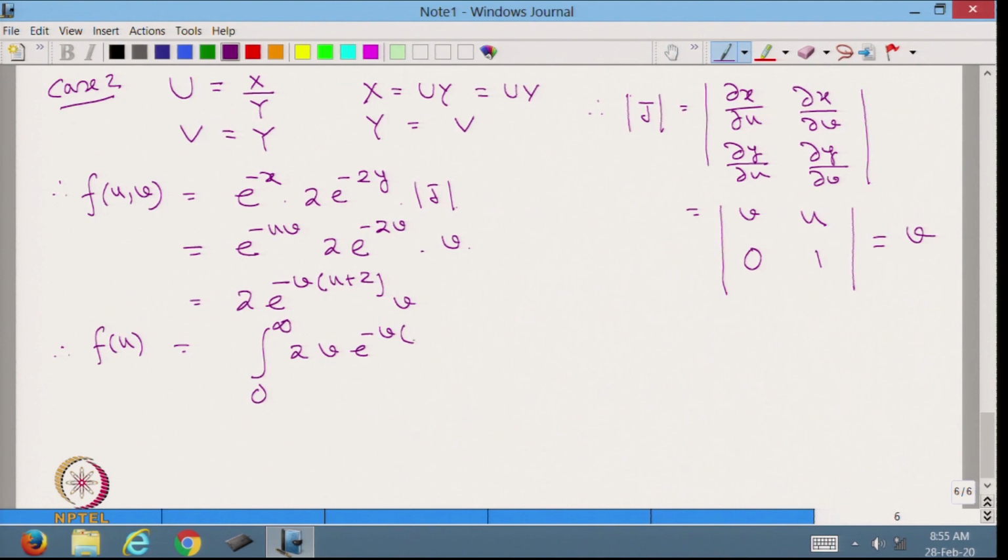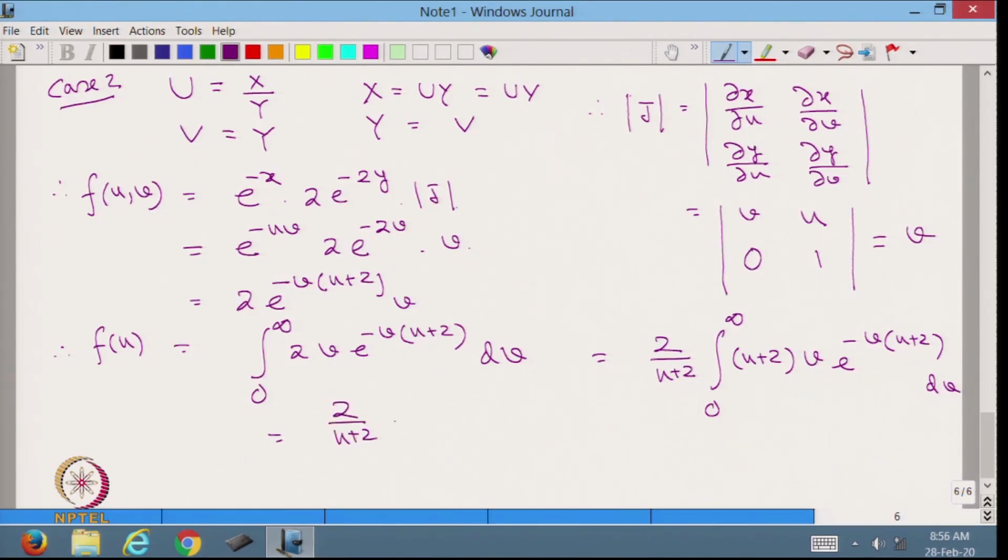power minus v (u plus 2) dv, which is equal to 2 upon (u plus 2) times the integration from 0 to infinity of (u plus 2) v e to the power minus v (u plus 2) dv, which, as before we can see, is equal to 2 upon (u plus 2) into 1 upon (u plus 2), which is equal to 2 upon (u plus 2) whole square.